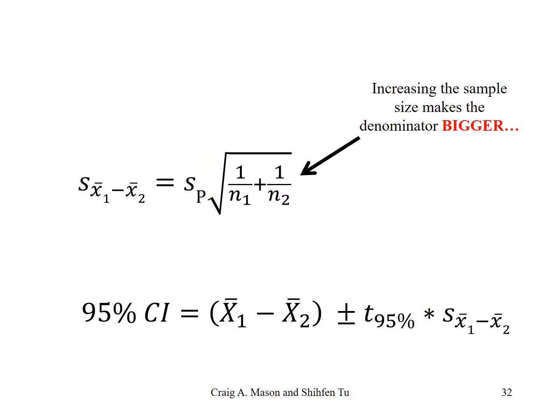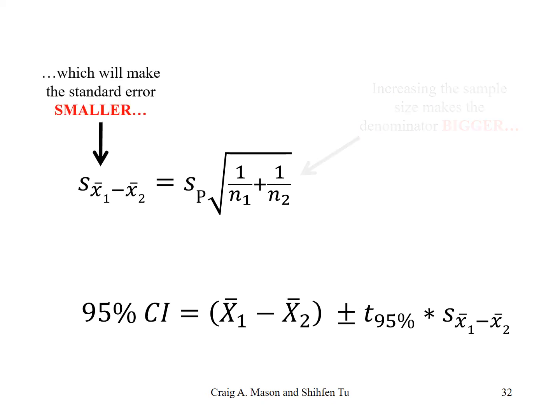If we wanted to reduce that range, if we wanted to make a more precise estimate of just how large of an impact early diagnosis is having, we would need to increase our sample size. Remember, increasing the sample size makes the denominator in the standard error formula larger, which reduces the size of the standard error.